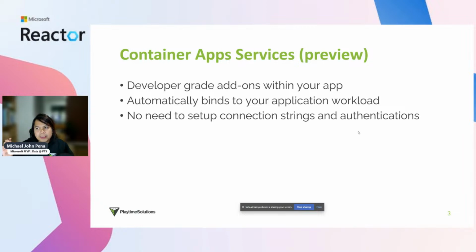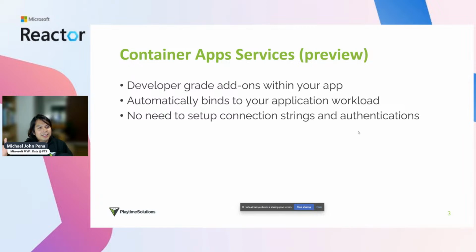And the magic as well with these container apps services is that it has this concept of bindings, so you're not exposing any keys, not even the host name itself. They're hidden, and they're all stored and shared within the OS or environment variables of the container apps environment.